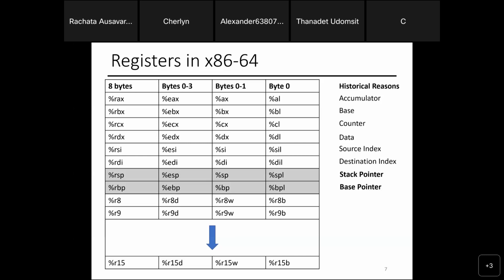RCX is usually used for the counter, and RDX is used for temp data. Then you have the source and destination index, which, to be honest, nowadays is just another variable that you can use. But when you compile your code, you will realize that RCX, for example, is often used when you have a counter. It's been used like that before, so I have to modify the compiler.